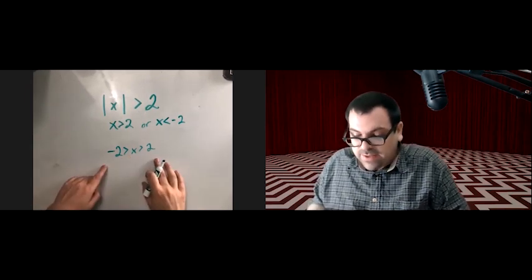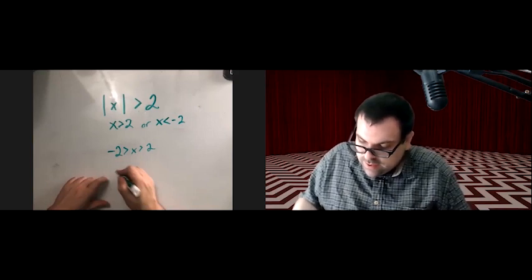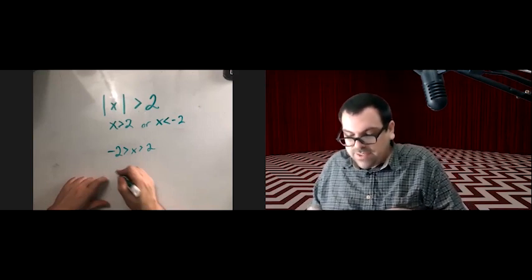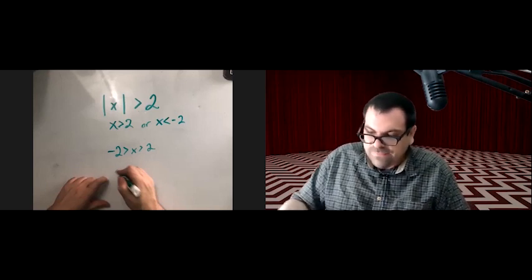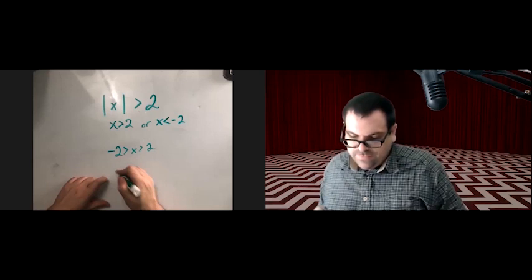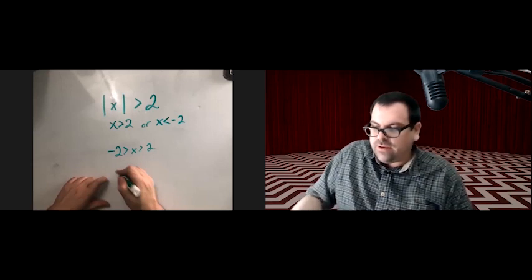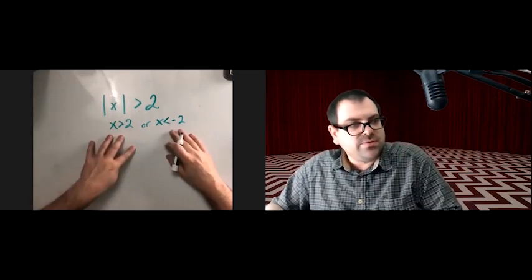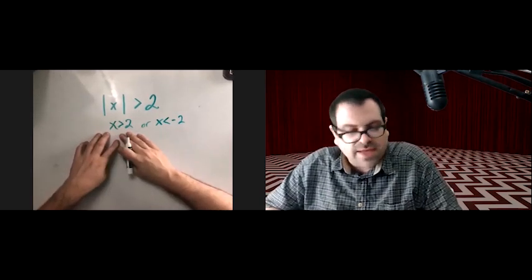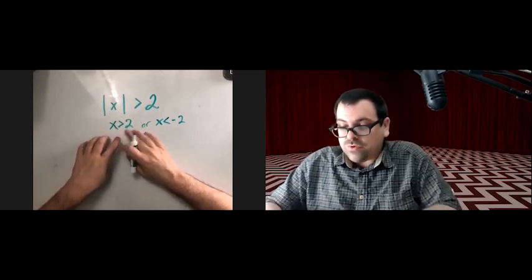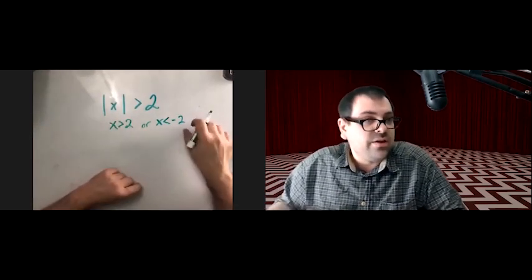That's why we can't write it like this. This sort of thing can only be for and statements. This is what we would write for the absolute value of x is less than 2. For greater than, two separate things with an or statement. Drop the absolute value, that's our first. Drop the absolute value, switch the sign, and switch positive to negative. That's the second.